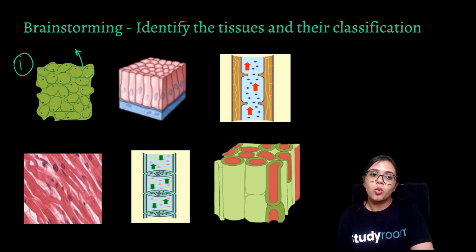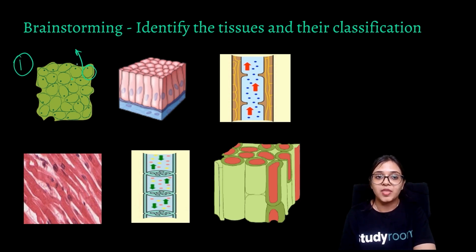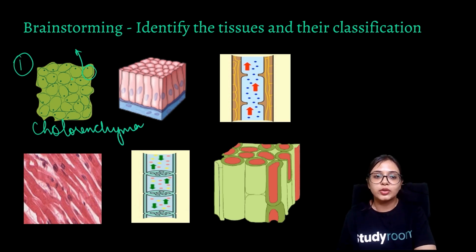Okay, so what are those cells called, which are thin walled, loosely packed, with lots of spaces between them, and green in color? This is the chlorenchyma. This is the special kind of parenchymatic cells that are responsible for photosynthesis as well as for the storage of food.